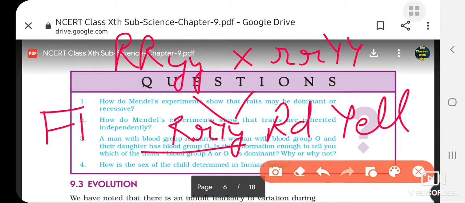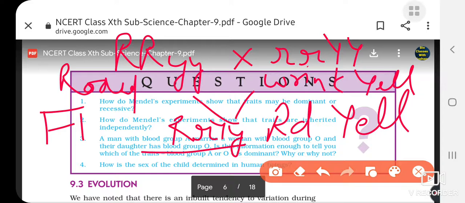Thus it proved that yellow color was dominant over green and shape round was dominant over wrinkled, because this small r was representing wrinkled and this capital Y yellow. This side round, that's why we have written in capital letter, and this is green. So you see in F1 all were round and yellow, so it proved that round and the yellow color are dominant over wrinkled and green color.